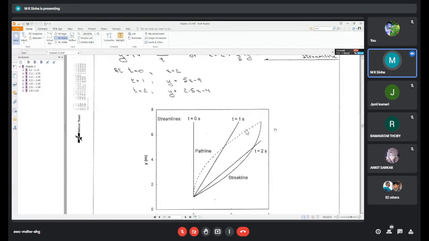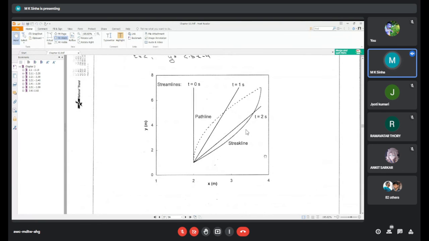A streak line comes in terms of the prior time, that is T naught, whereas the path line comes in the present time, that is T. So these are some examples which I tried to show you related to the streamline, path line, and streak line, and you should go and practice them, and always focus on the differentiation between the path line and streak line. More or less, that makes confusion.